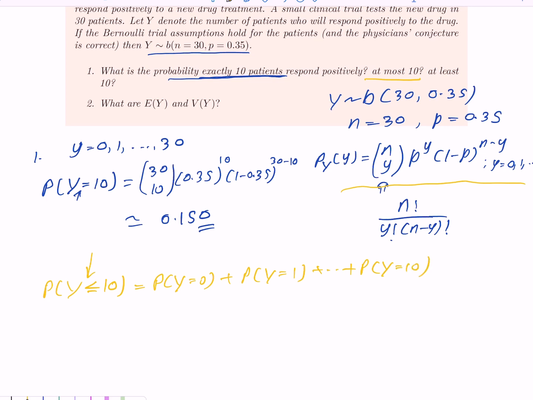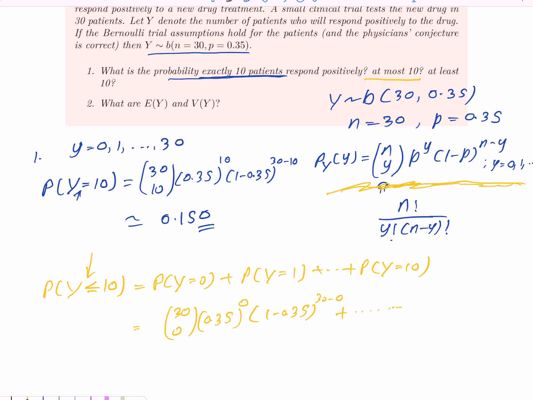So you have to write this PMF, probability mass function, for each case. Let me show you how to write for this one. N equals 30, choose y equals 0, then p equals 0.35 to the y equals 0, and 1 minus 0.35 to the 30 minus 0. Similarly, you have to write up to 10.